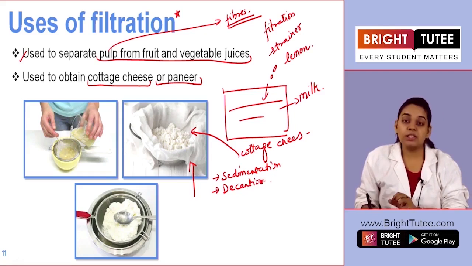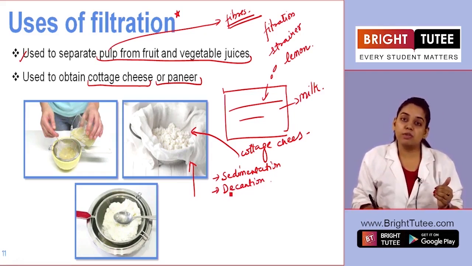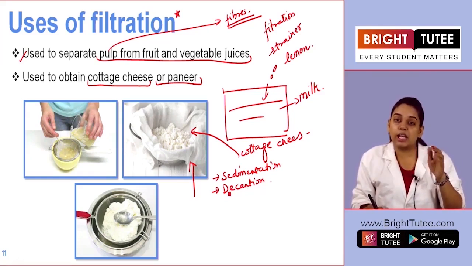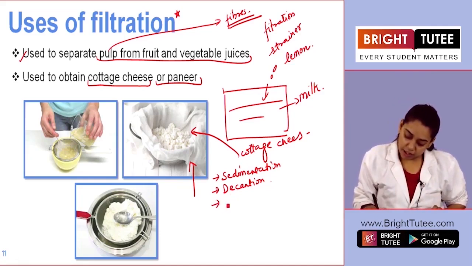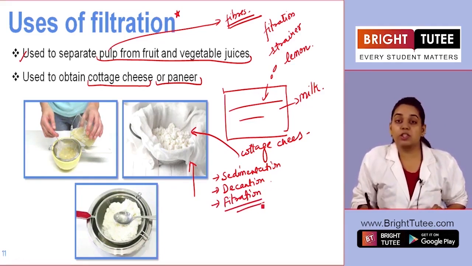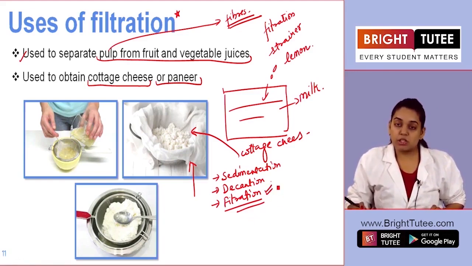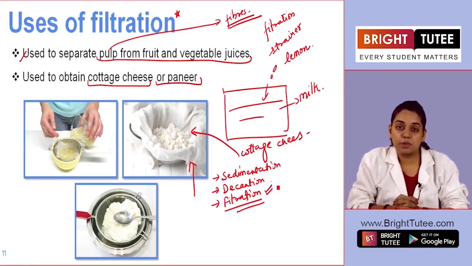Decantation means that once the insoluble substance settles down to the bottom, you can slightly tilt your container and remove water from the sediments. Then finally we have discussed the process of filtration, the examples where filtration is used, and how we can carry out the process of filtration. And I hope that you would have understood the concept really well.